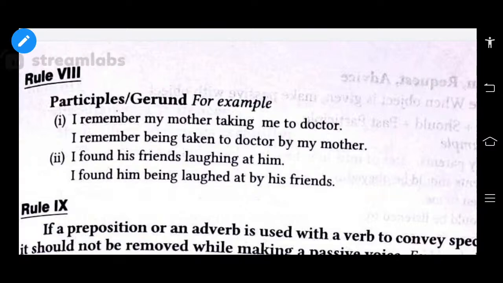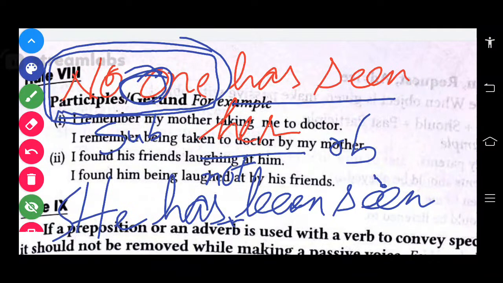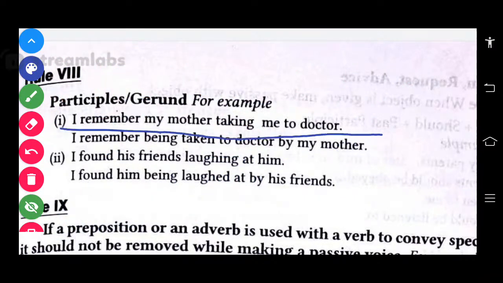Look at the sentence: I remember my mother taking me to the doctor. Here, see that, I remember my mother taking me. Here taking is the verb, so it's a gerund.